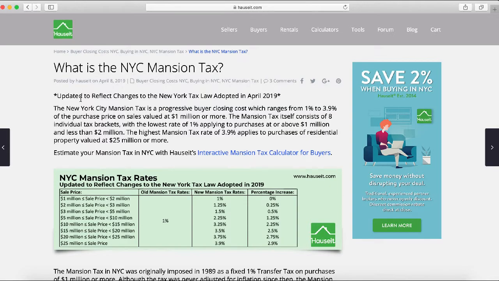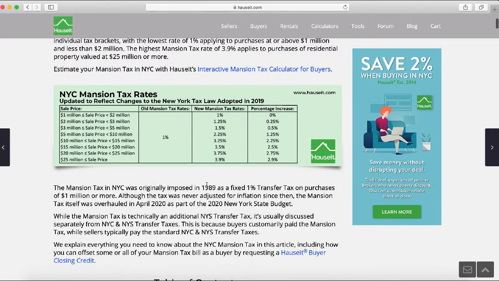The original mansion tax was actually implemented in 1989, and at the time it was a fixed 1% transfer tax. Now what's happened is in 2019 there were some changes to the New York tax law which did change the mansion tax from what was previously a fixed 1% regardless of sale price to a more progressive system, which you can see here, consisting of 8 individual tax brackets.